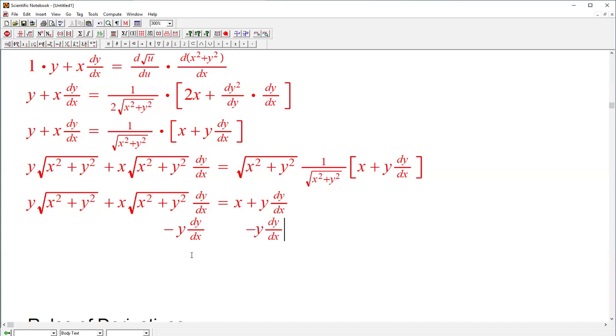We're going to subtract the same thing on both sides. And we're going to subtract this piece on both sides as well. Okay, so I'm going to subtract that term on both sides.